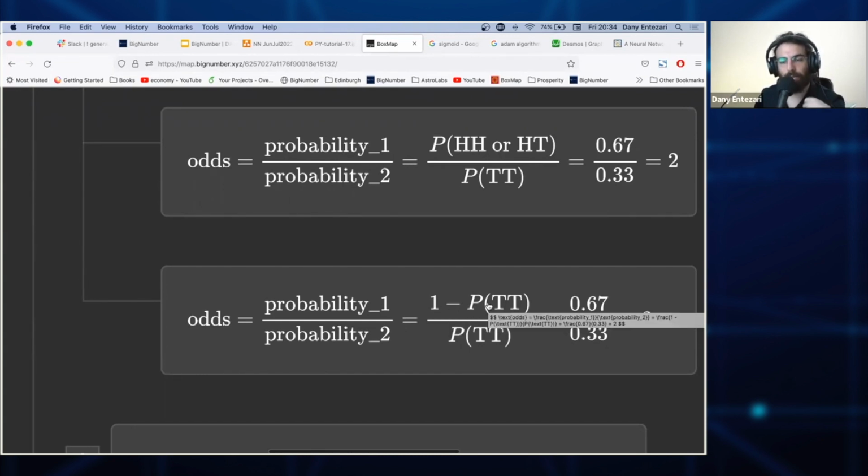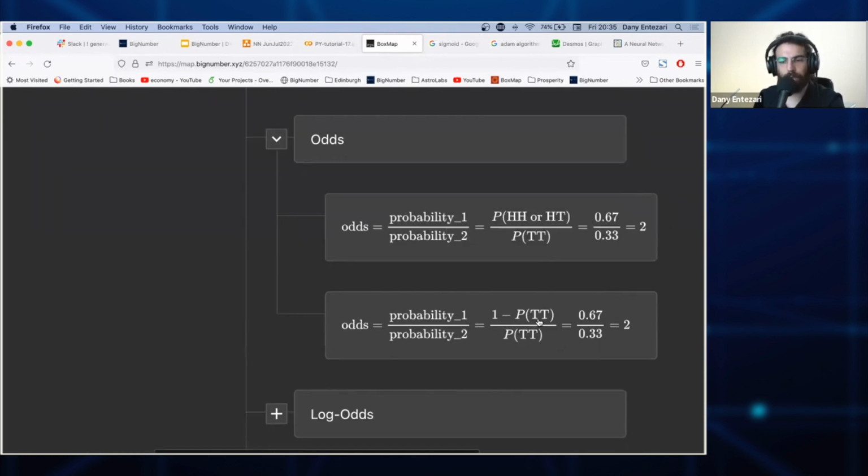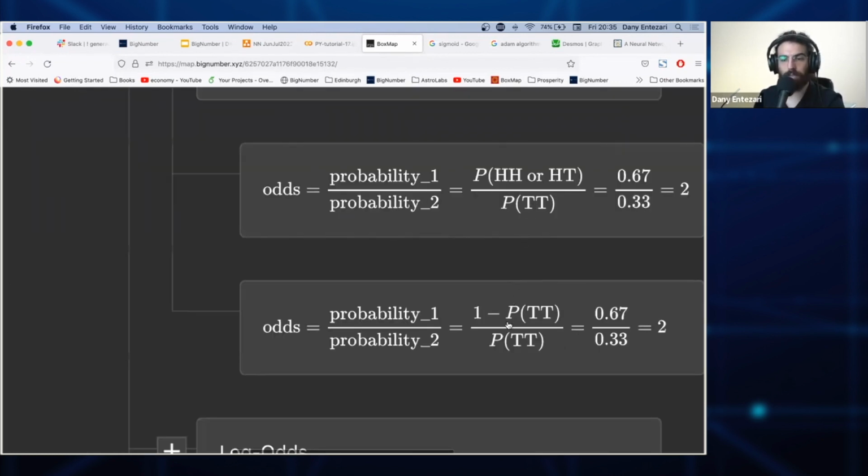If you had taken all 3 outcomes, you would have 100% probability of winning because you have bet on all 3 outcomes. But if I take one of them, you have 1 less than the entirety. That's why you have 1 minus p_tt. Either way, you will get the same number. Okay. Now, why do we want to express the odds ratio in this way?